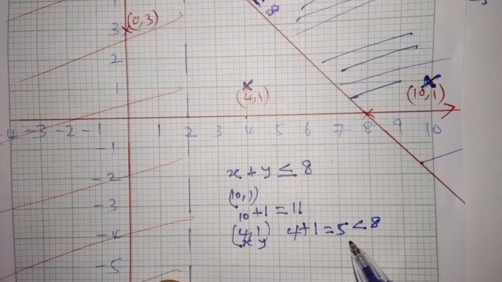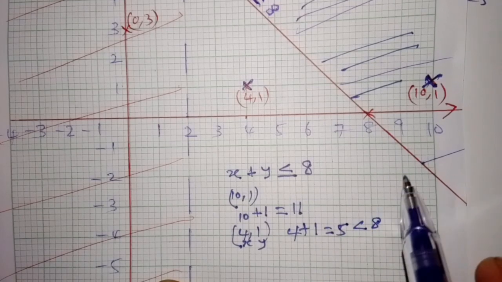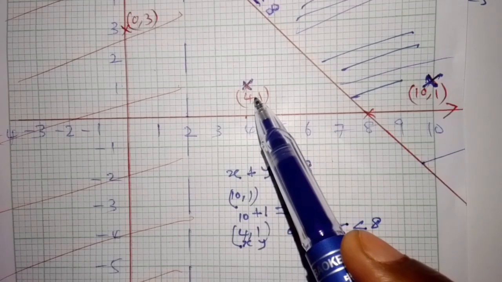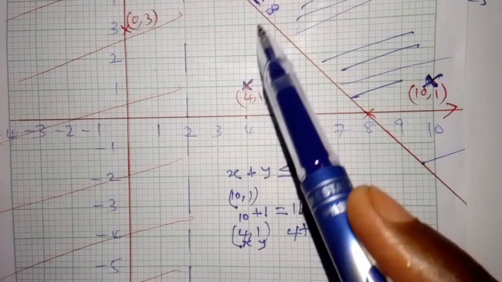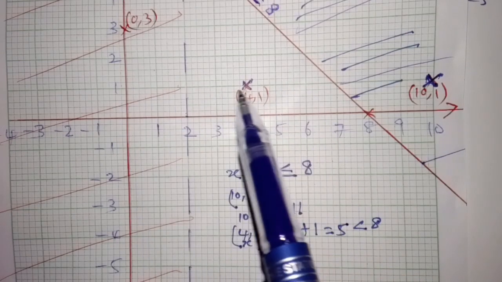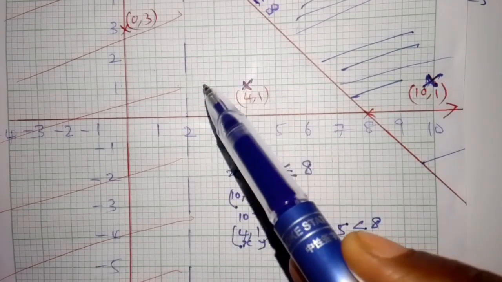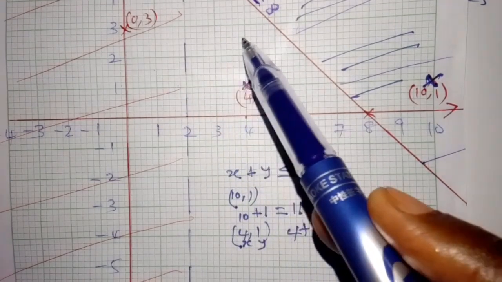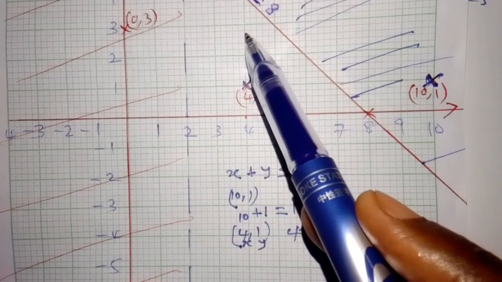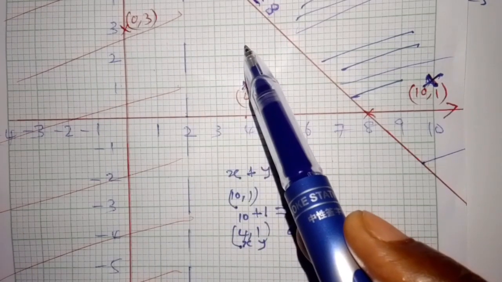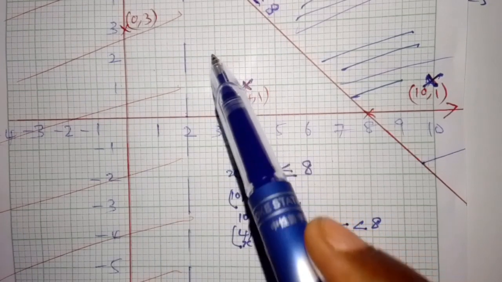So it means that this point is the required point. These points going this other side, (4, 1), (2, 2), and (3, 2), are valid. So we are going to leave this side unshaded.